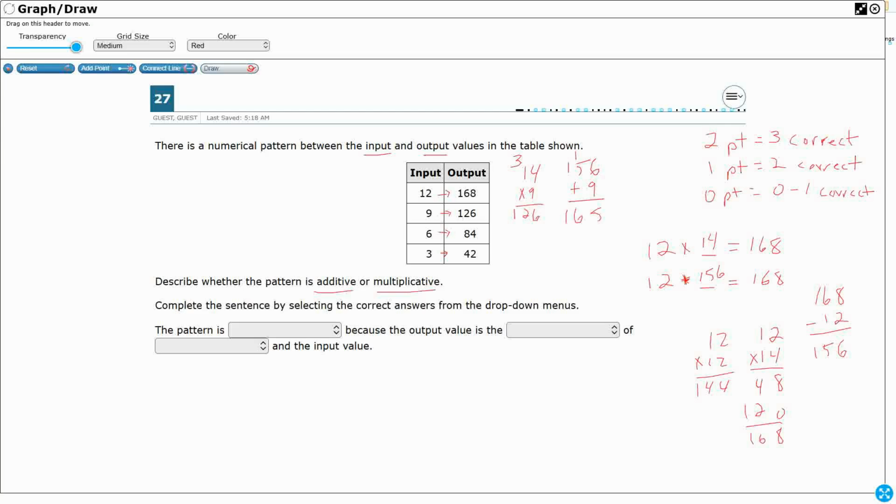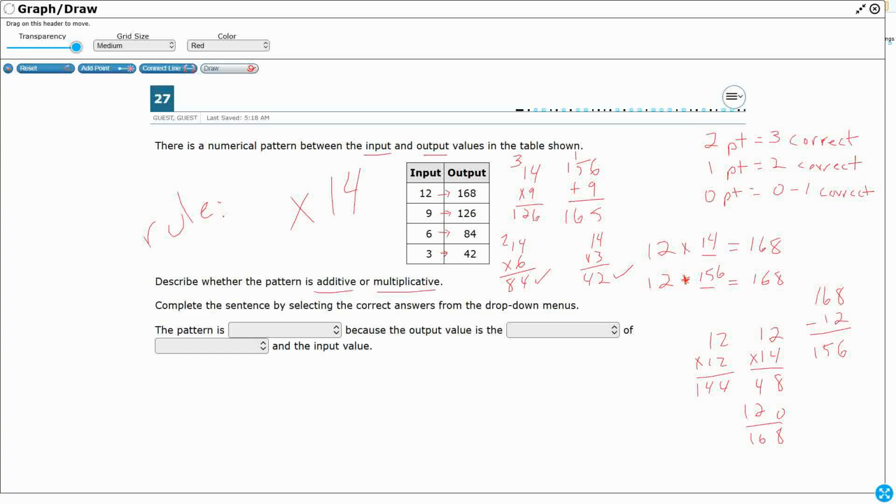Okay, so it's not a plus 9. So let's do 14 times 6. That's going to be 24. 84, that checks. And then 14 times 3, 42. Okay, so this is a multiply by 14 rule.